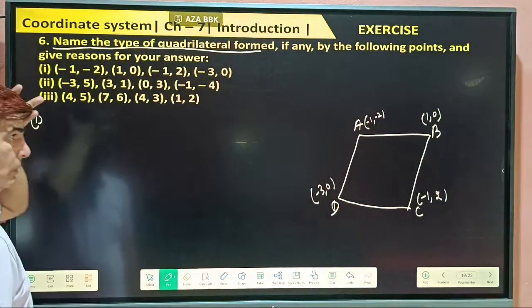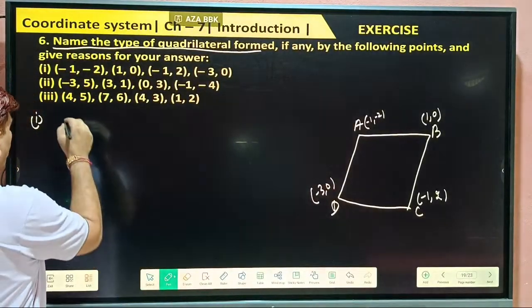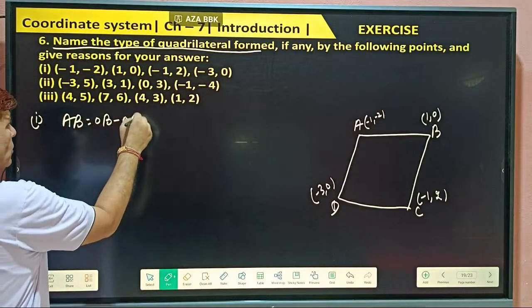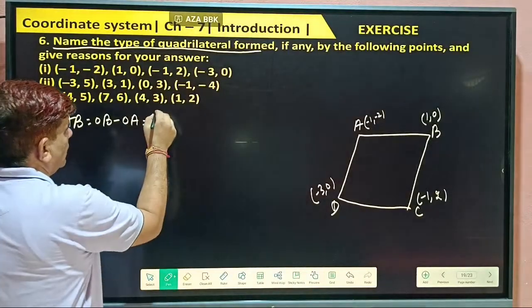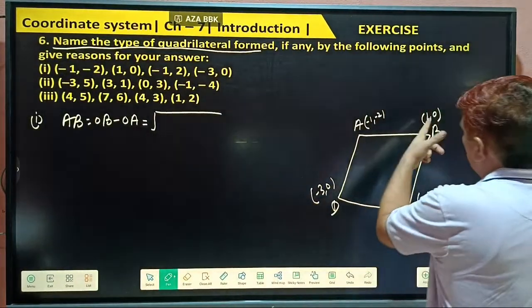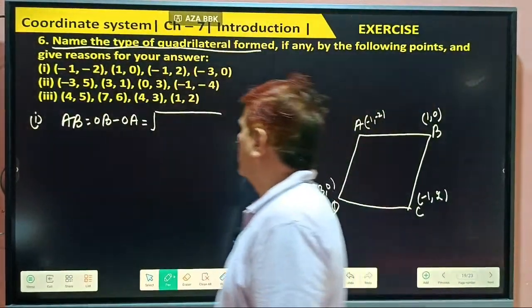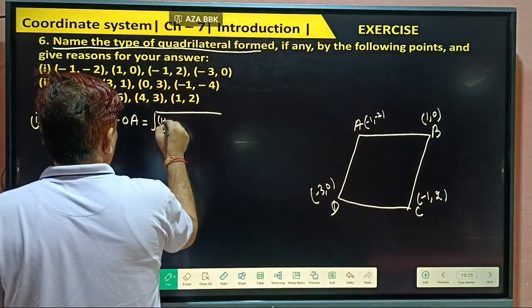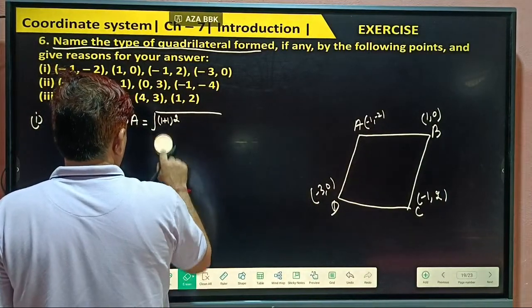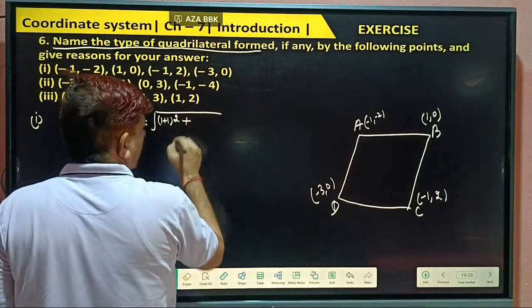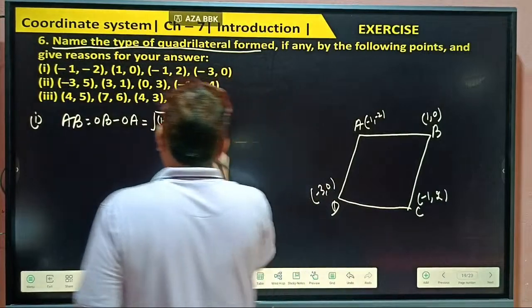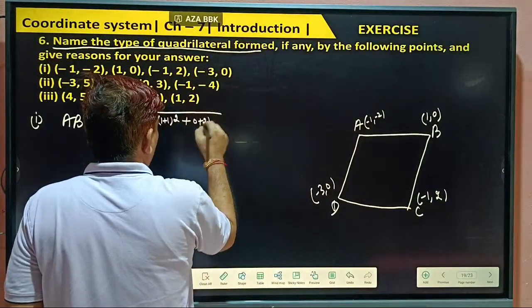So what can we say? First we can find out AB. AB equals OB minus OA. So AB is (1 minus -1) whole square, that is (1 plus 1) whole square, plus (0 minus -2) whole square, so (0 plus 2) whole square.